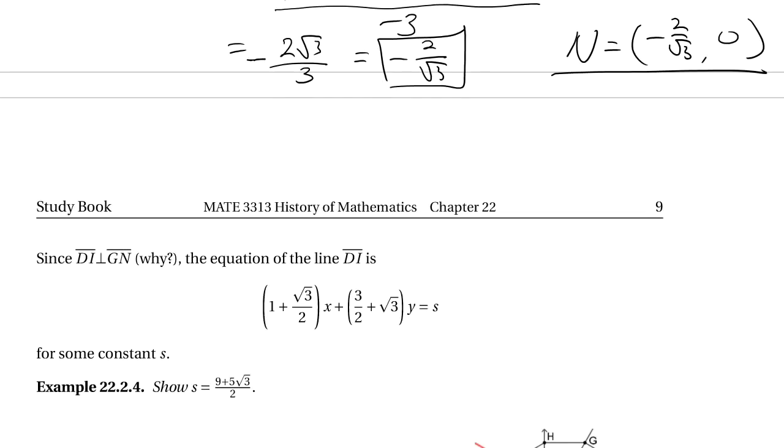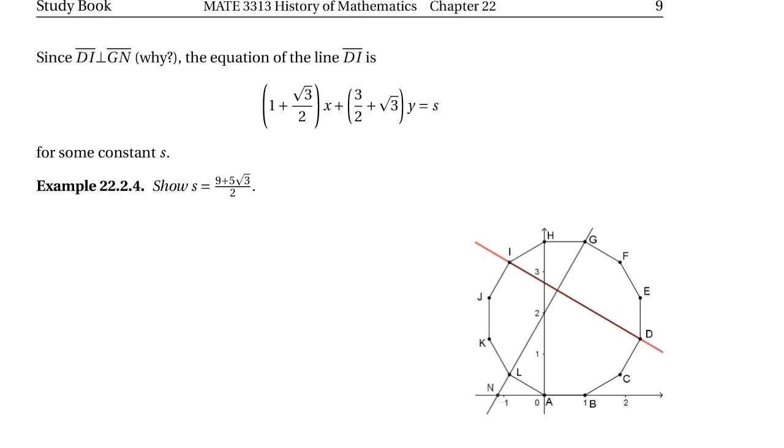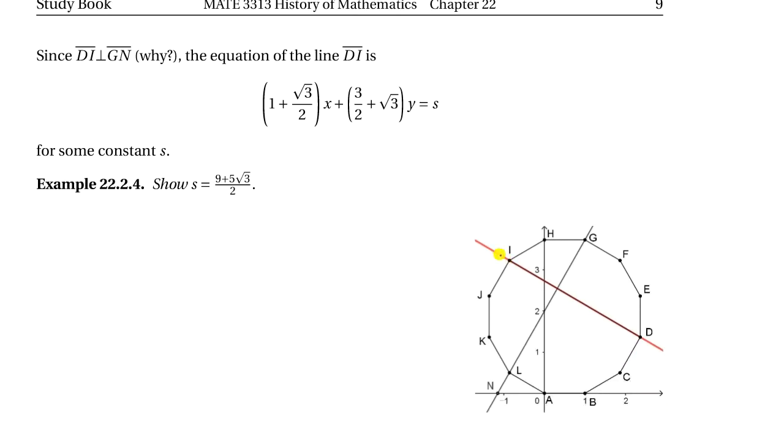Now, the next case is the equation for this line segment, the line DI. When you look at the forms, these two lines are perpendicular to each other, right?